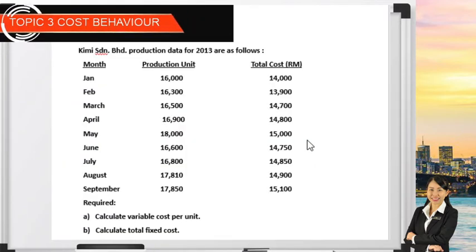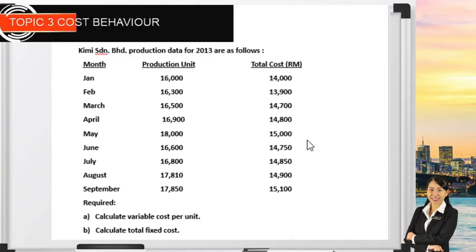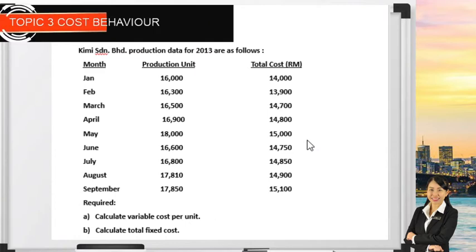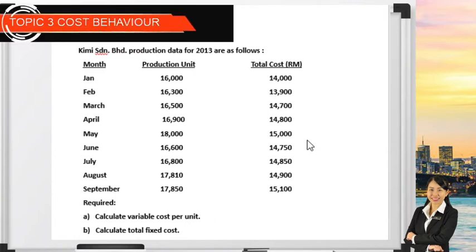So this is the example for our production and total costing. We need to use the high-low activity method to separate our mixed cost into variable and fixed cost, and form a cost function.